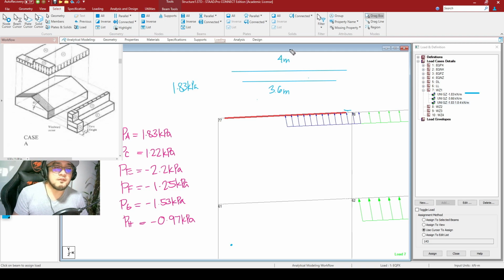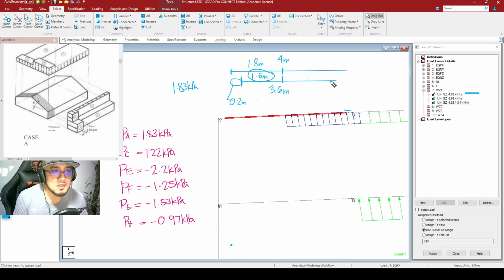So if our value for the distance from this point up until this point is equal to 1.8 meters, but we already had an offset here of 0.2 meters, then from this point up until this point is 1.8 minus 0.2, thus making it 1.6 meters. So that is now our value for your D1.